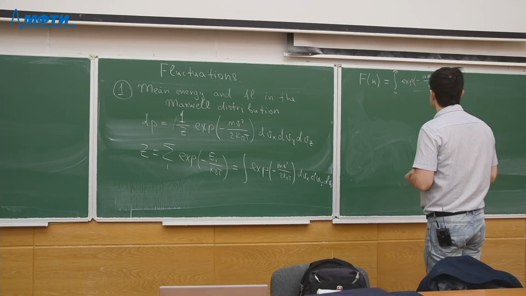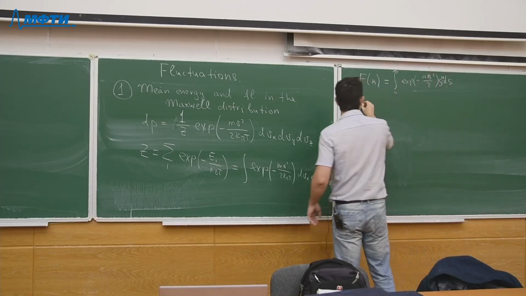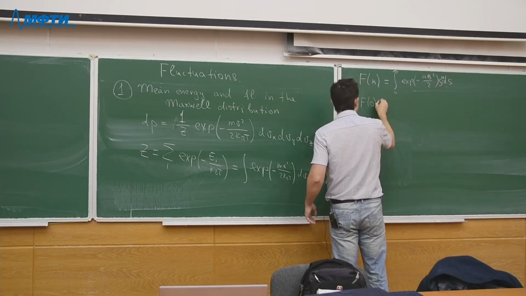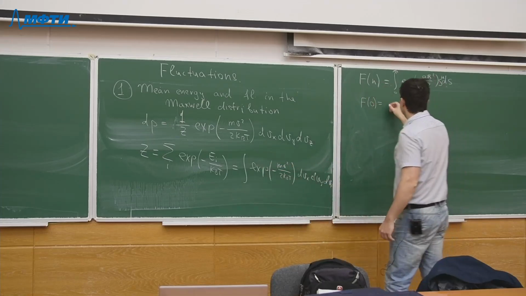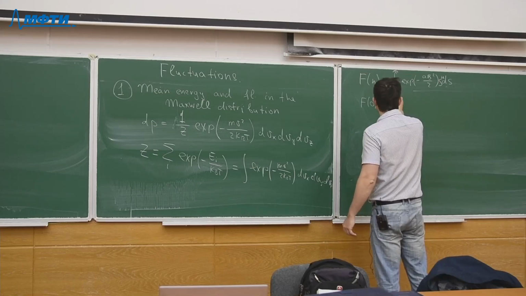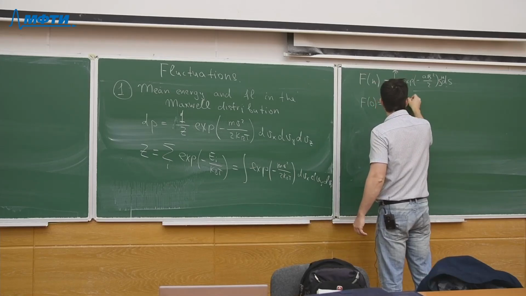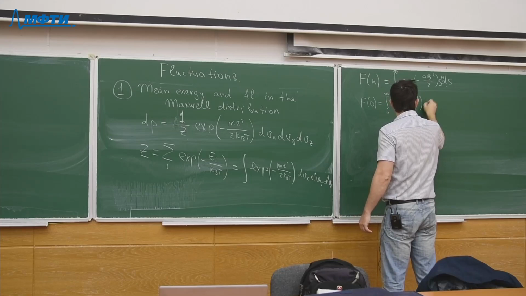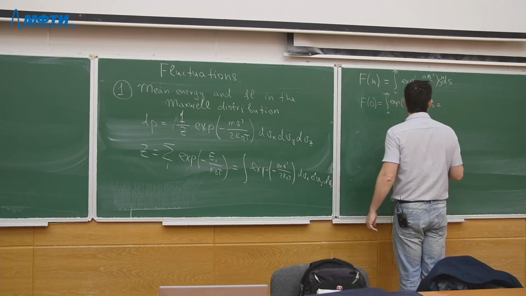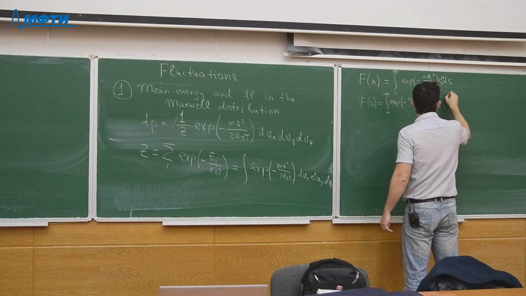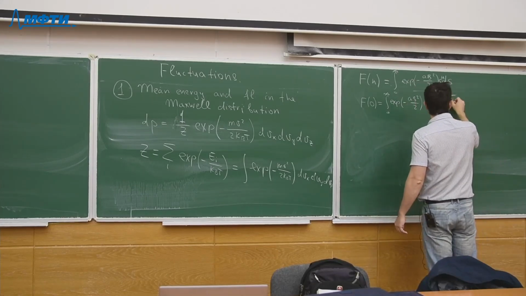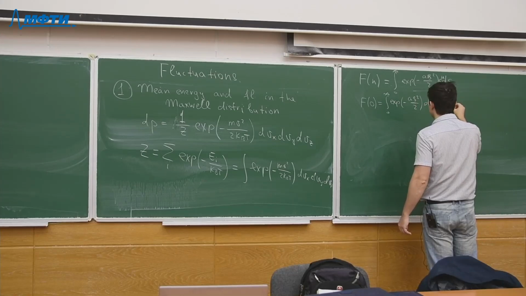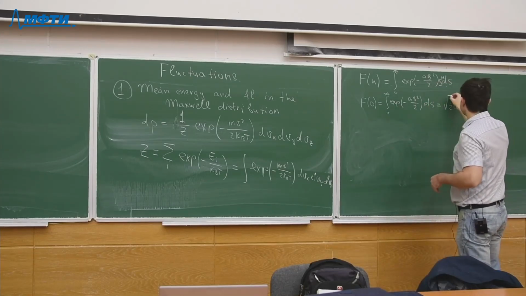And we know that f of 0, the one which is the most useful for this part, is equal to this integral, which is the square root of pi over 2a, as far as I remember.